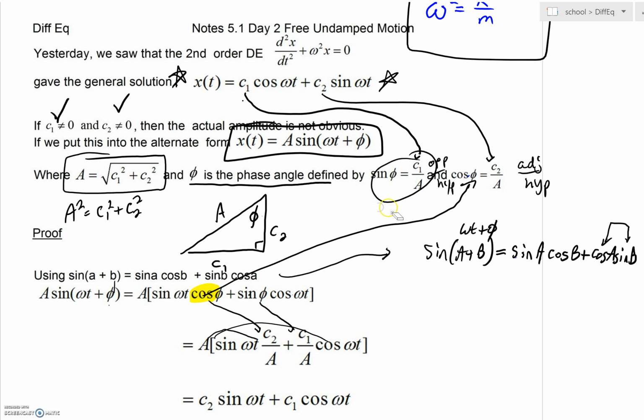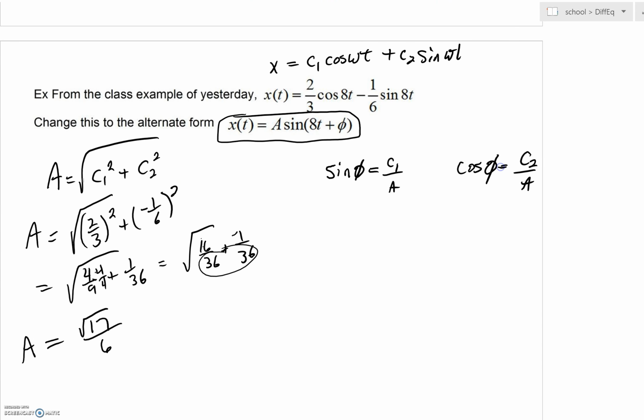A way to remember it is that first constant that we're finding, C1, it's in front of cosine. It actually is matched up with the opposite trig function, the sine function that is.